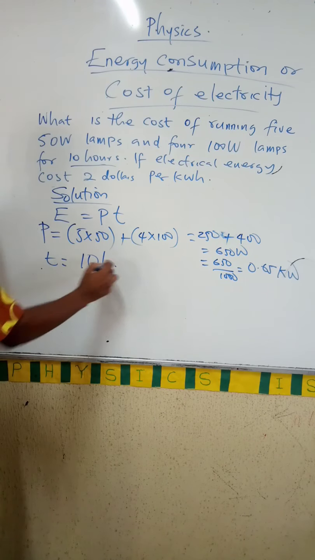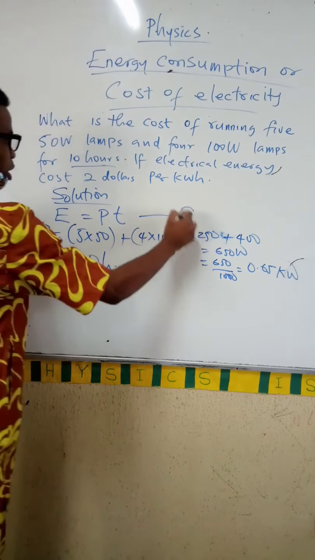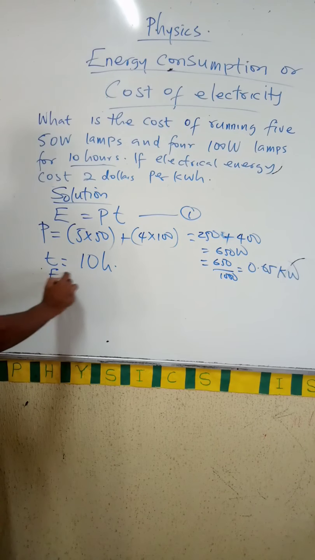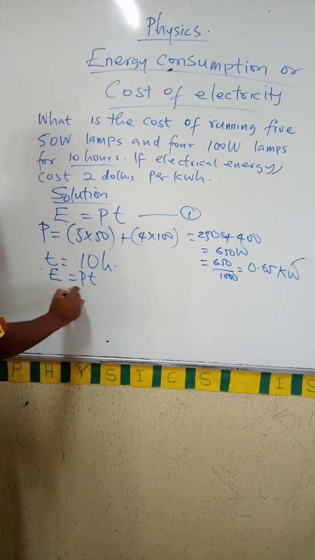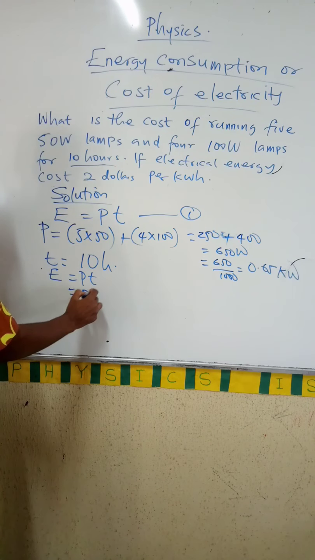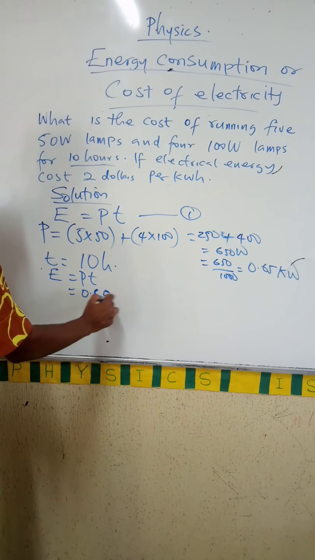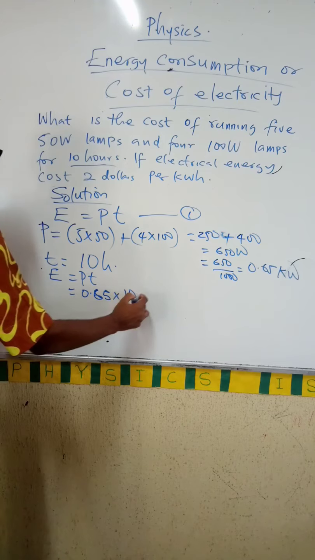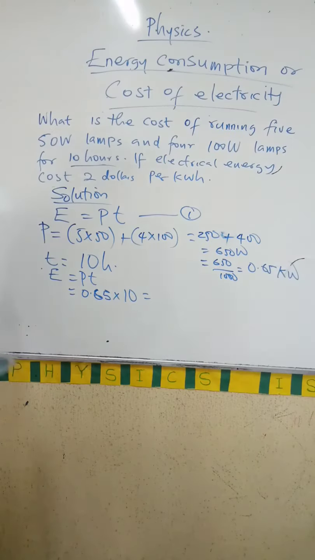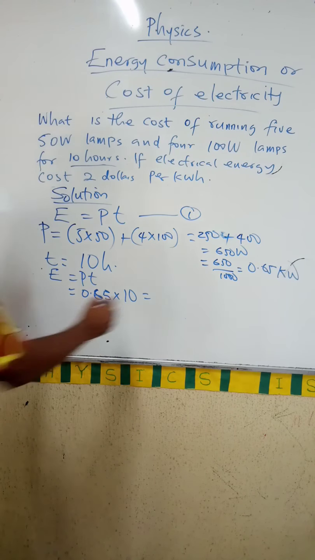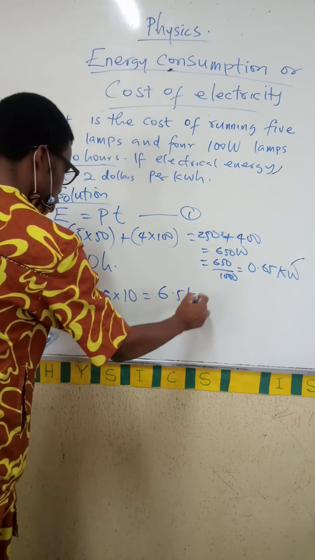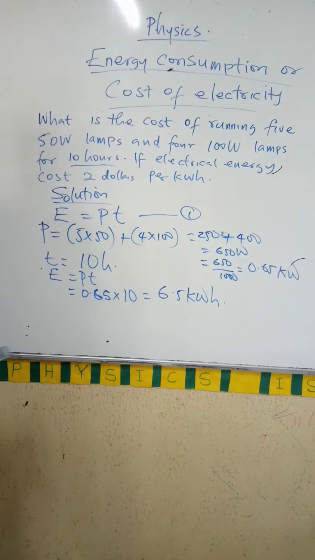So therefore, using equation 1, we have P to be 0.65 and time to be 10 hours. So if you do that, 0.65 times 10 will give us 6.5 kilowatt-hours as the unit of electricity used.